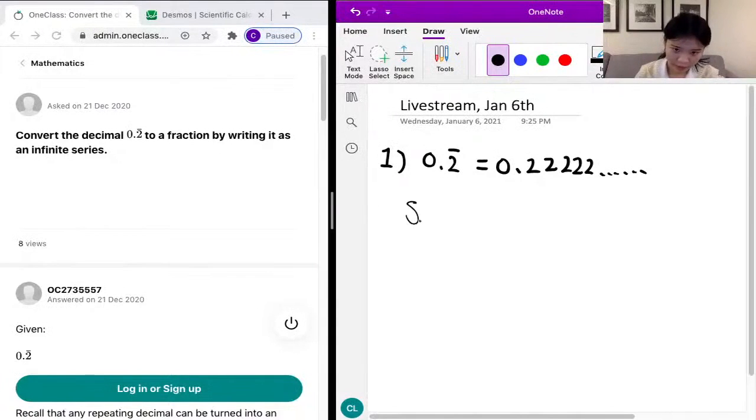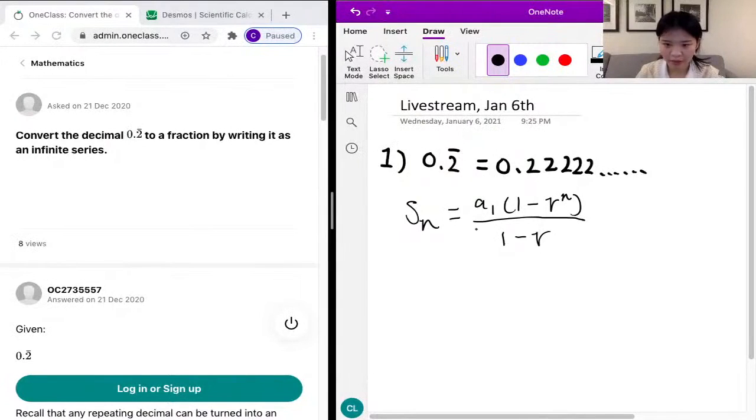Sn refers to the sum, and it is A1, the first term of the geometric series, times 1 minus R to the n, over 1 minus R. R is the next term in the geometric series divided by the previous term. So it's actually multiplication instead of subtraction. This is the sum of a geometric series.